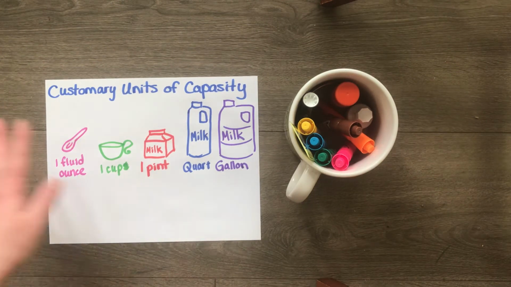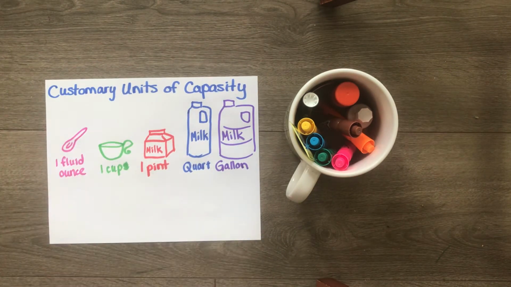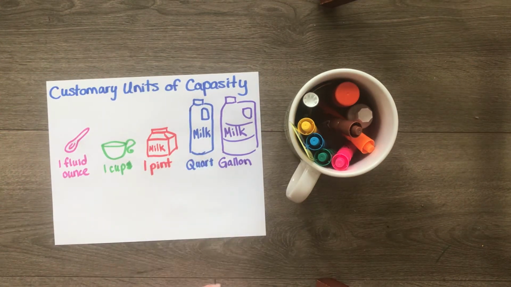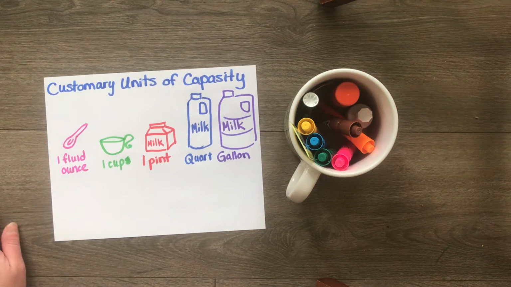So now that we know what we're measuring capacity by, we're going to talk about how to convert back and forth between different units. For example, pretend I have an empty quart bottle, and I want to fill it up with cups of water.